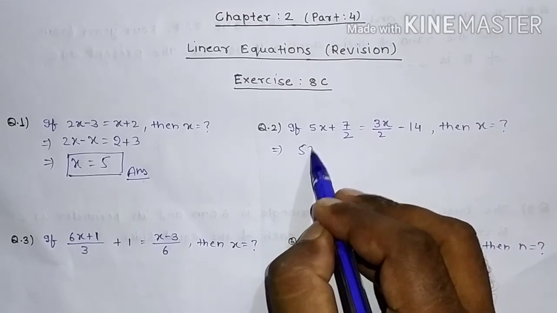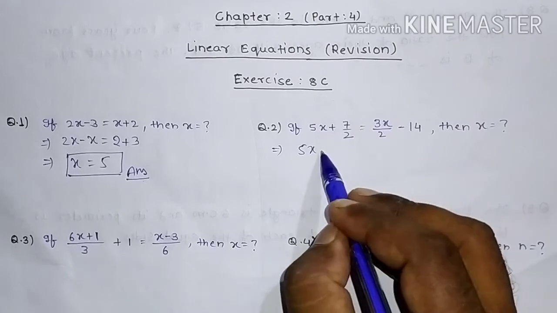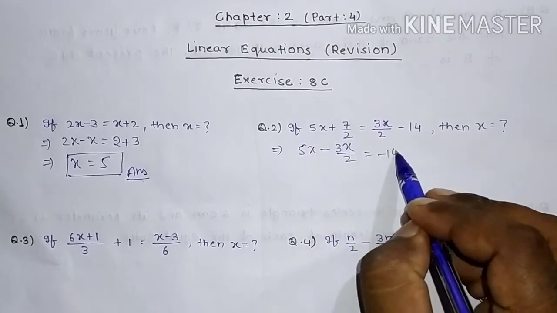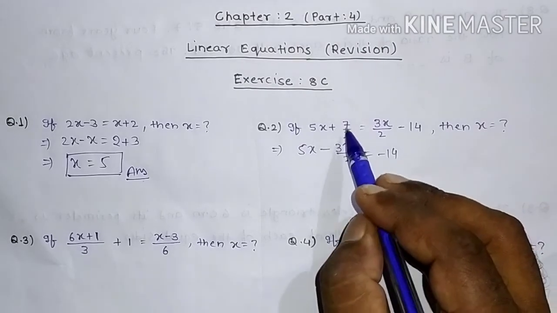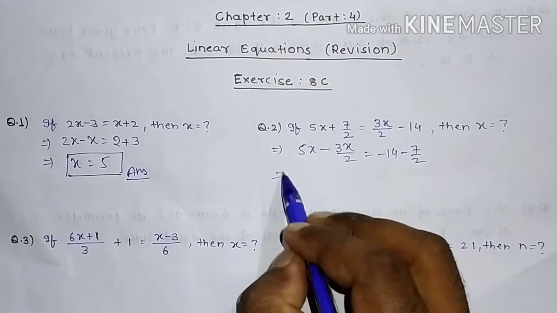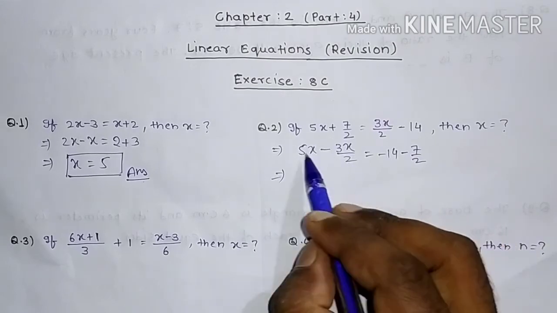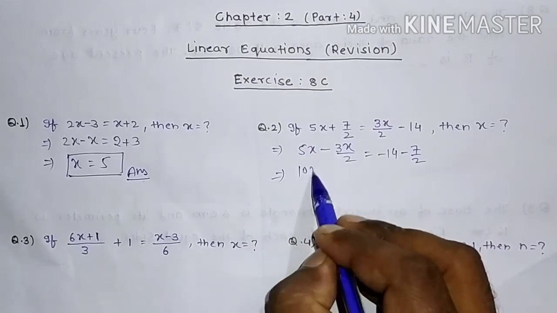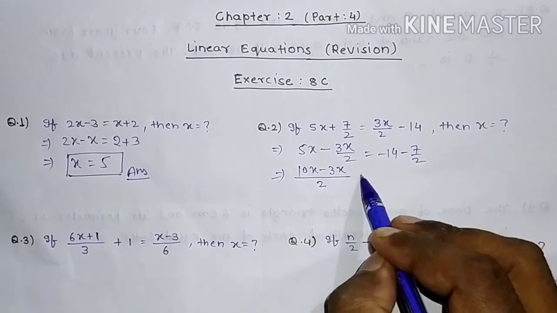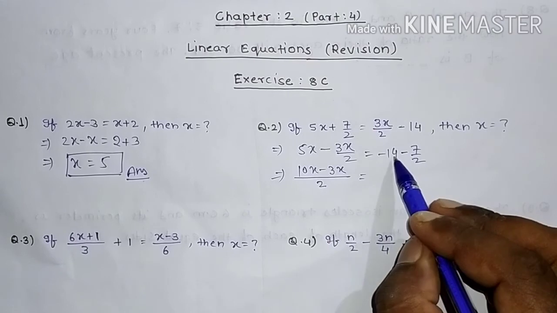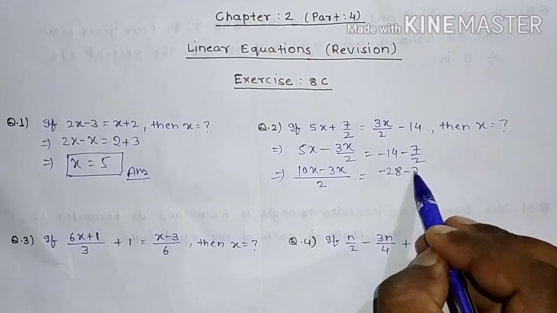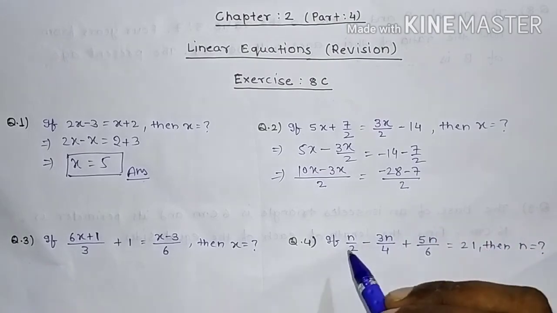So this is 5x, 3x by 2, it becomes minus 3x upon 2 equals, this is minus 14, and this is 7 by 2, it goes to RHS side, so it becomes minus 7 by 2. So just simplify it. 2 5s are 10x minus 3x divided by 2, this equals 2 into 14, that is 28, so this is minus 28 minus 7 divided by 2.